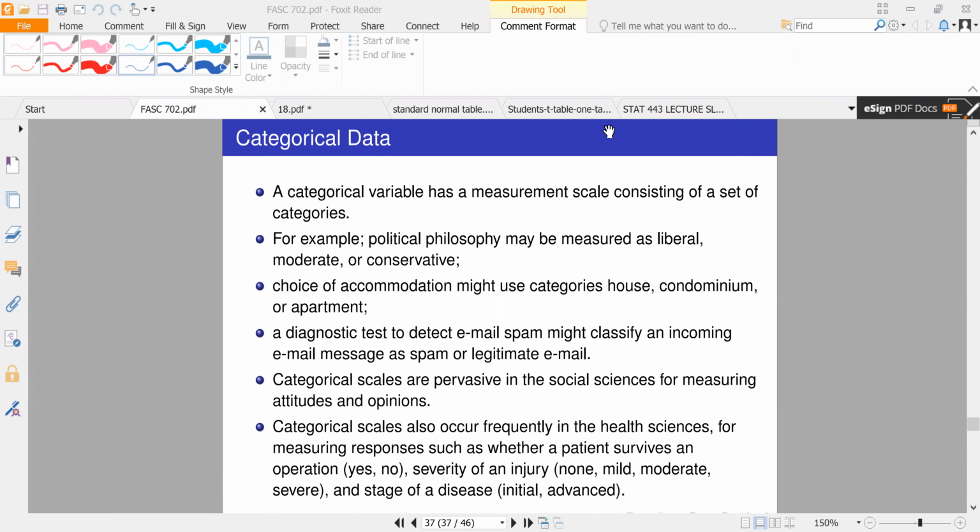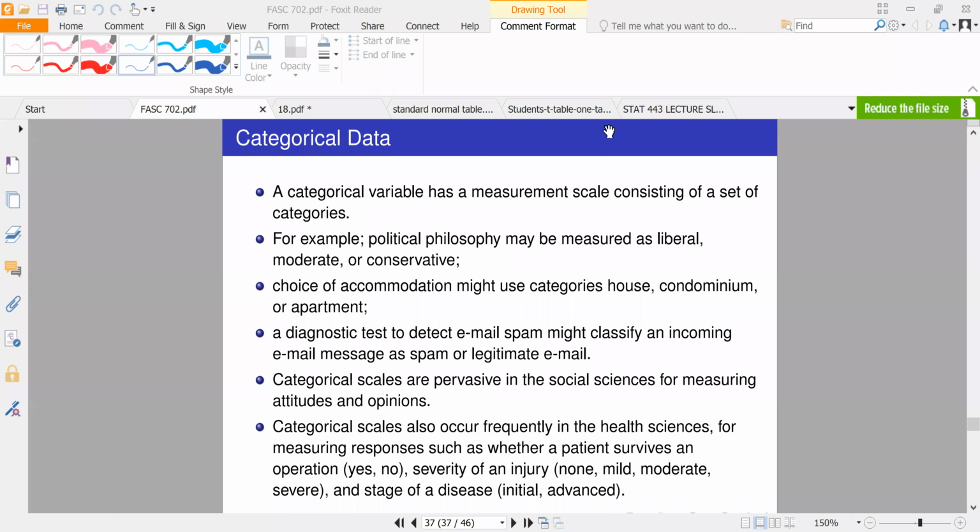That is, it is the kind of data that is categorized depending on what you're looking at. For instance, if you are talking about the health status of an individual, you are either healthy or sick. That is purely categorical, because you cannot measure the level of well-being of an individual.